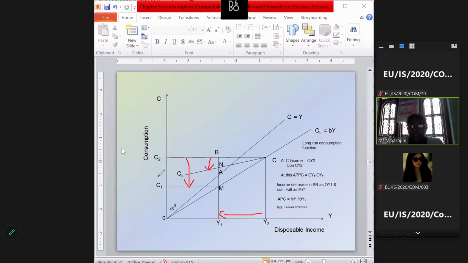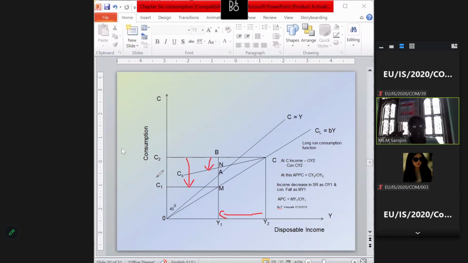They are dissaving. Also, they do it to maintain their living standard on par with their peer groups, isn't it? Once their income decreases, they decrease their consumption less than proportionately.